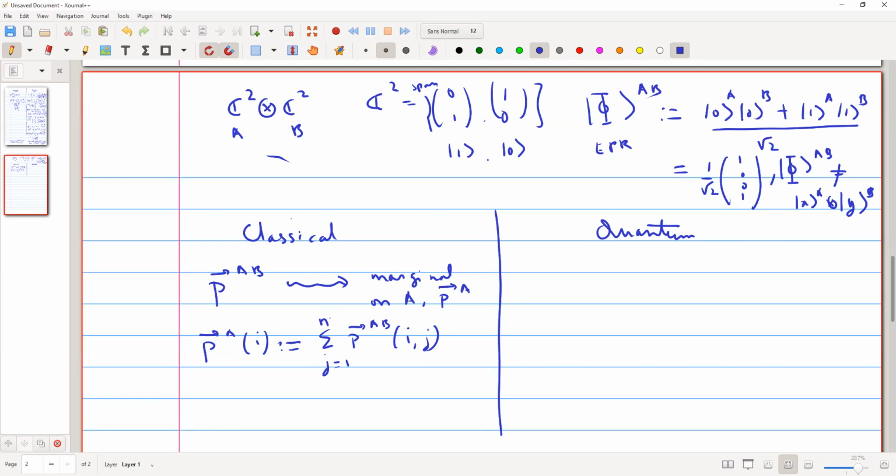Yeah. So now we're going to define the quantum analog of it. So what would that mean?